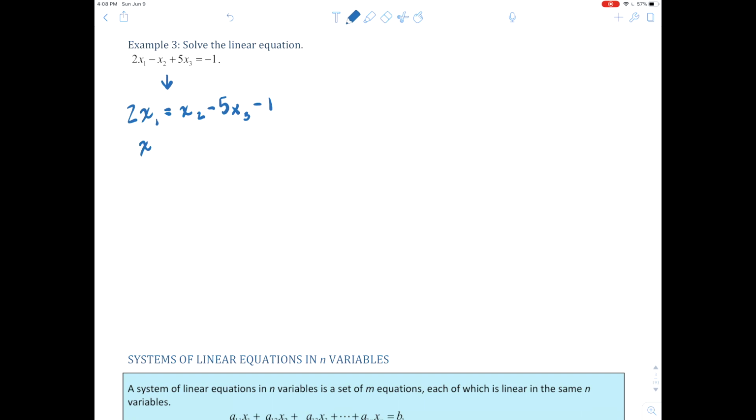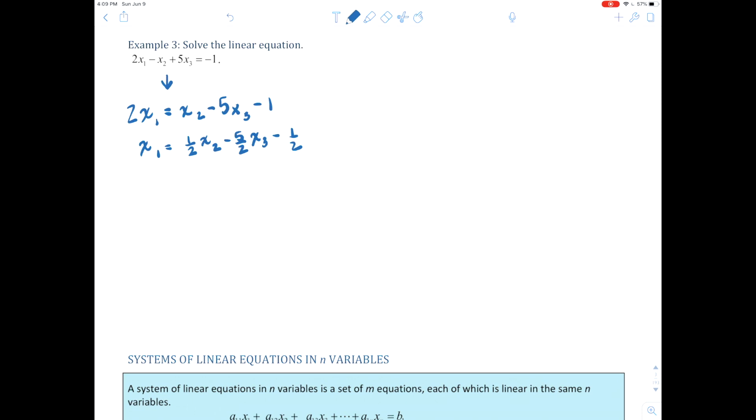So, x1 is equal to 1/2 x2 minus 5/2 x3 minus 1/2. Or you could factor out that 1/2 and write it that other way. Okay, so now we need to figure out how we're going to parameterize it, okay?